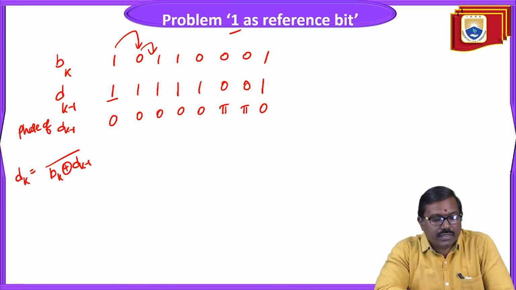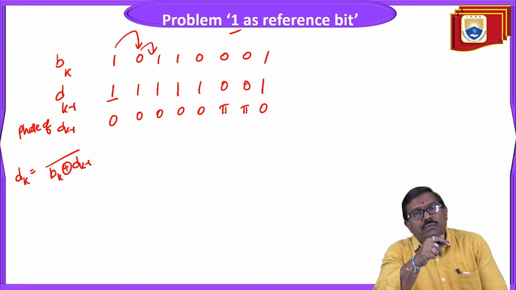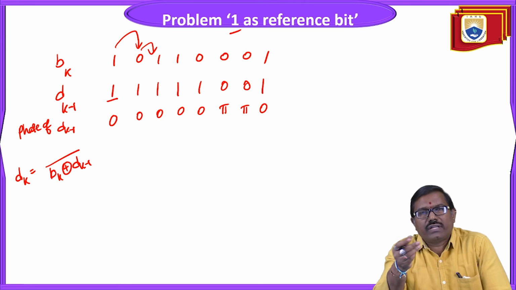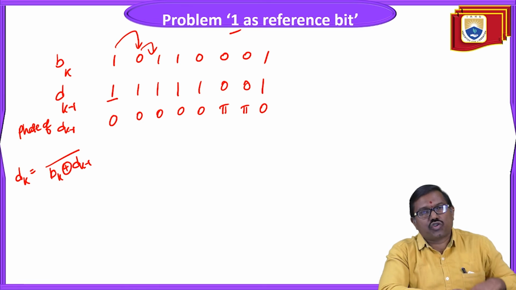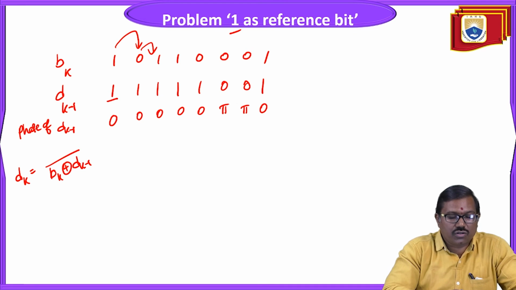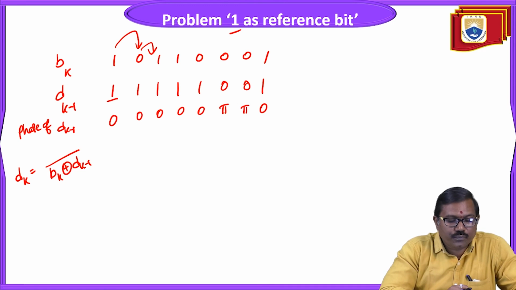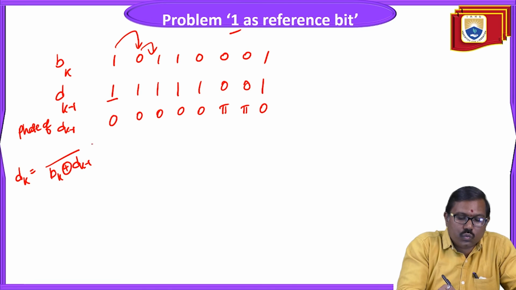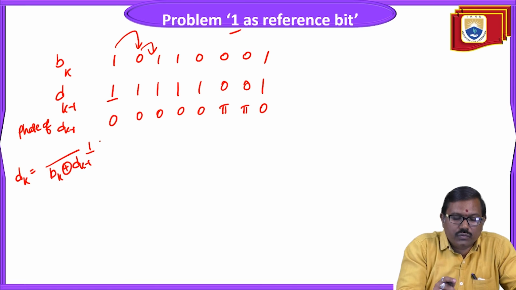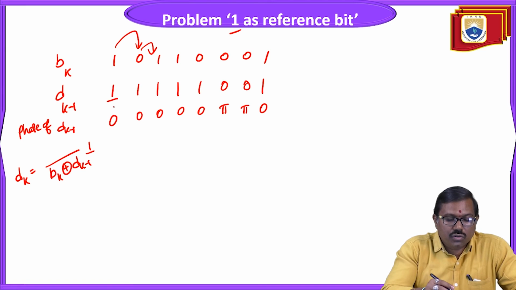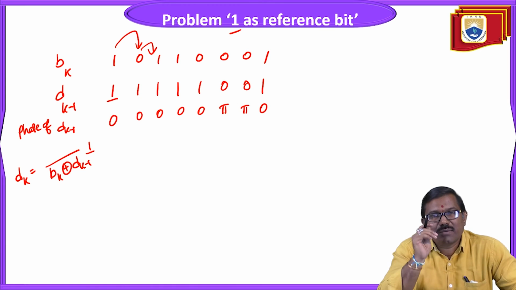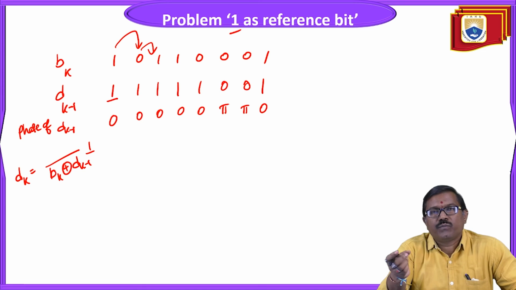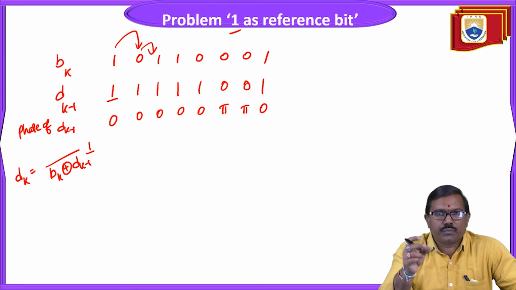Because this is called a modulo-2 sum, which is equivalent to the XOR, and the complement of this XOR is simply XNOR. Here also the reference bit is 1. So we are going to operate between BK and DK minus 1. BK is the input sequence, and DK minus 1 is what you generate by applying a simple operation between the BK bits.